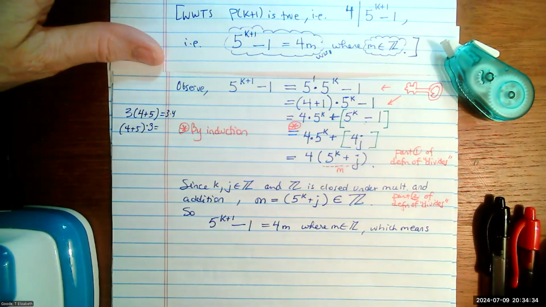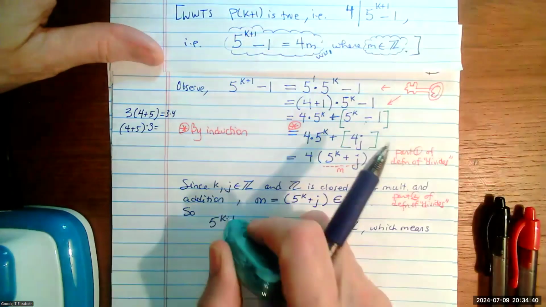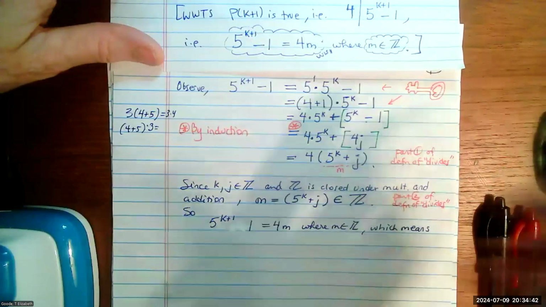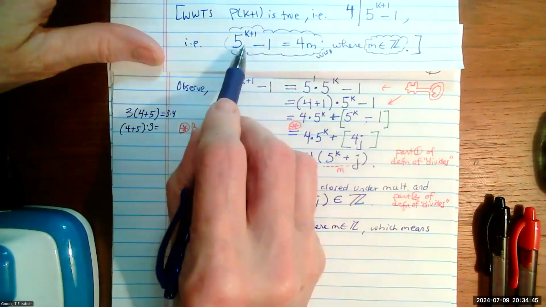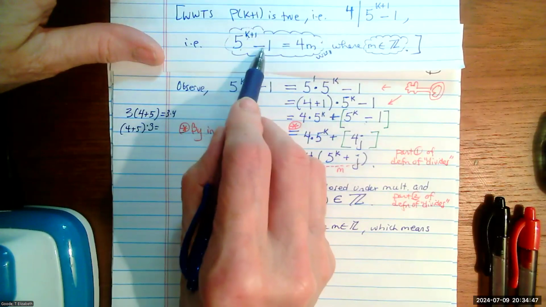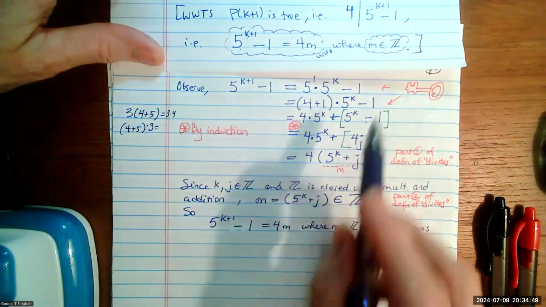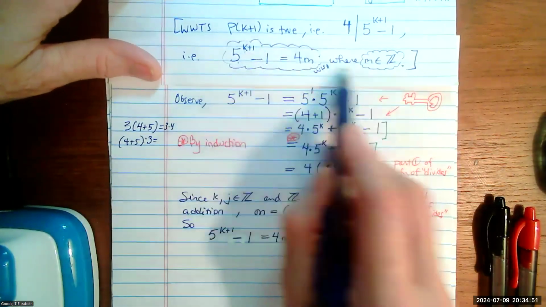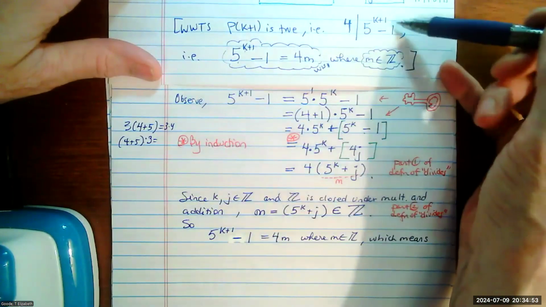What did we just show? 5 to the k plus 1 minus 1 equals 4 times m, where m is in Z. Where did that even come from? Look back at our wish.